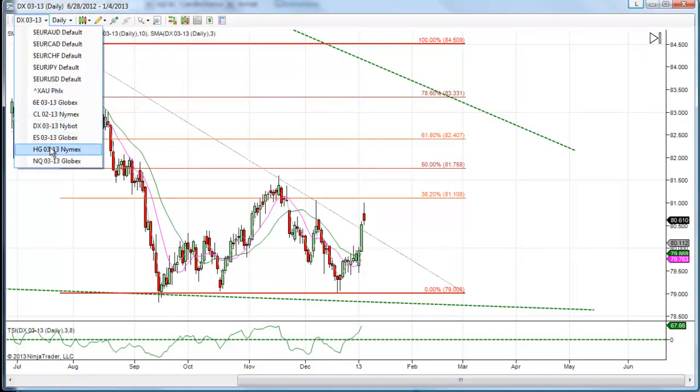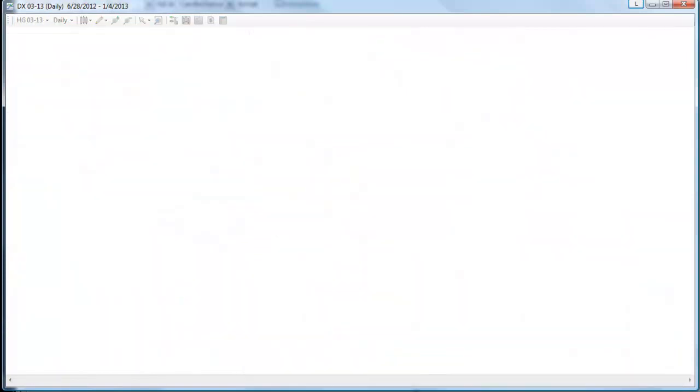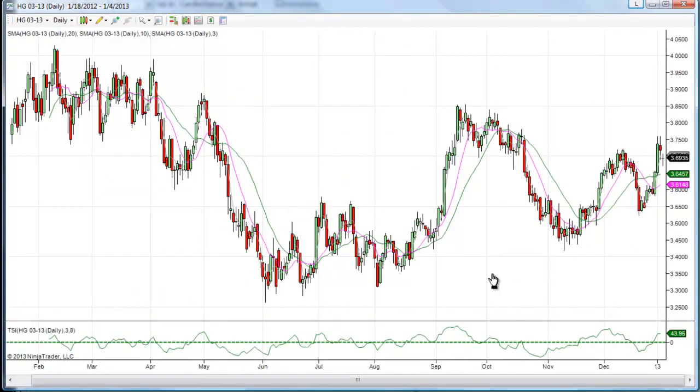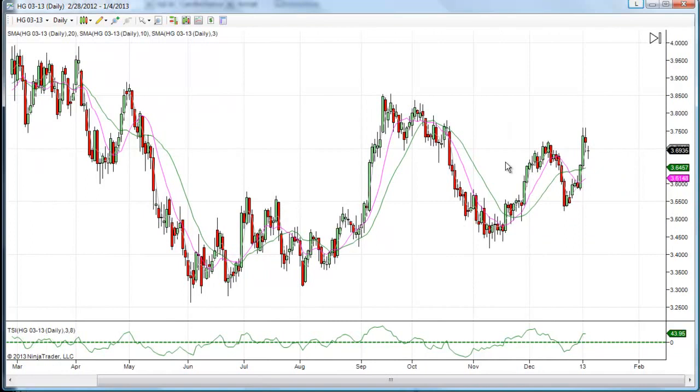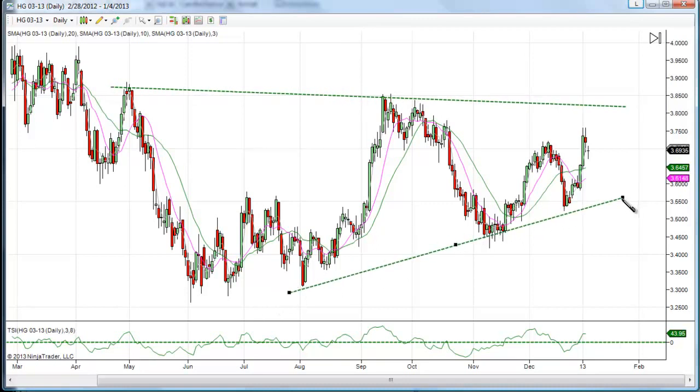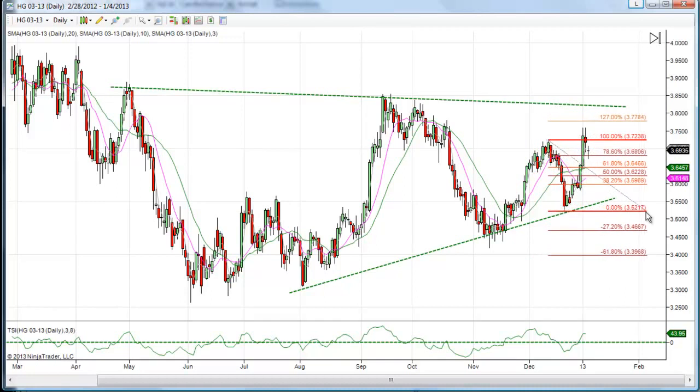Taking a look at copper, as one would expect with the performance in the dollar, we've seen some resolution. We took out this high here and we moved off of that during the week. See our fibs here, that high.